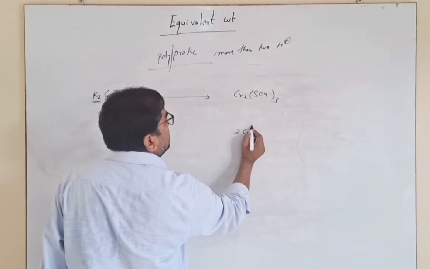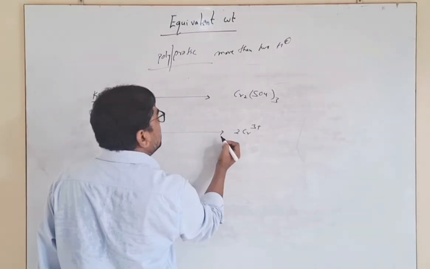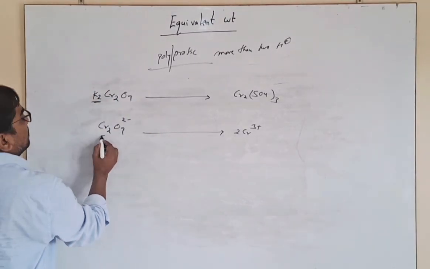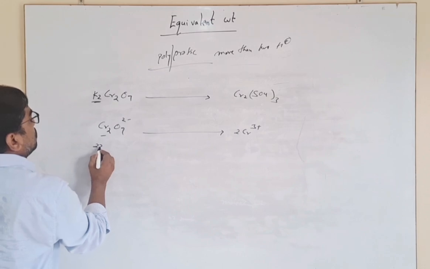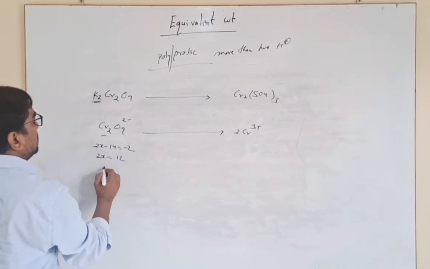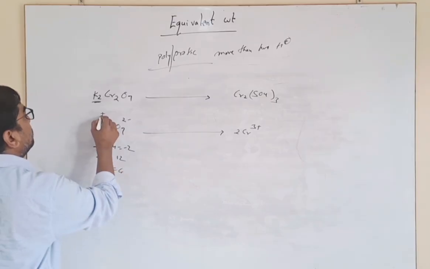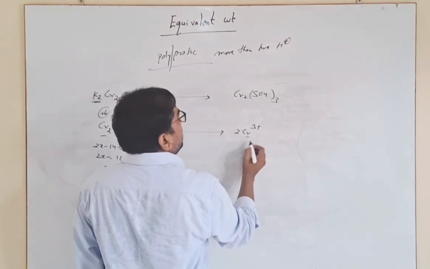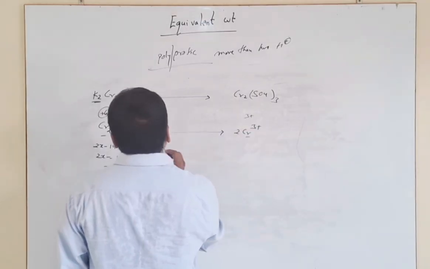So it forms 2Cr3 plus. This is the ionic form of this molecular equation. So find out this chromium. 2x minus 14 equal to minus 2, 2x equal to 12, therefore x equal to 6 plus, oxidation state 6. Here chromium has 3 plus oxidation state.